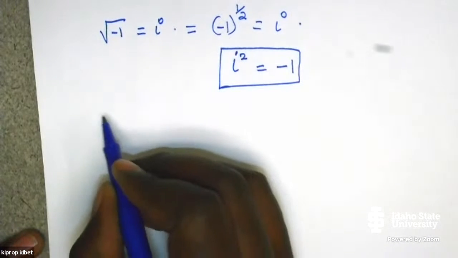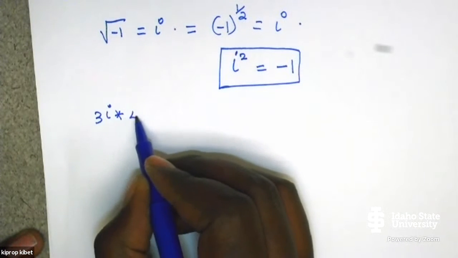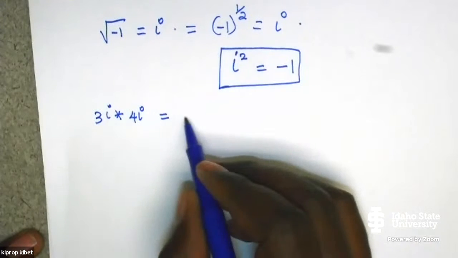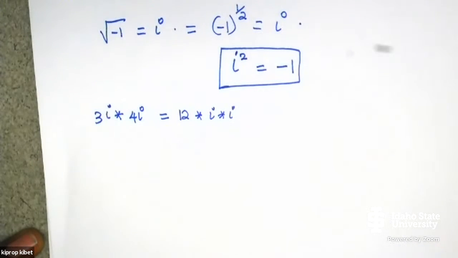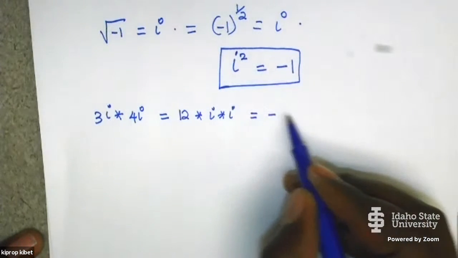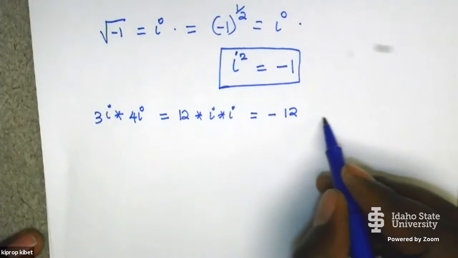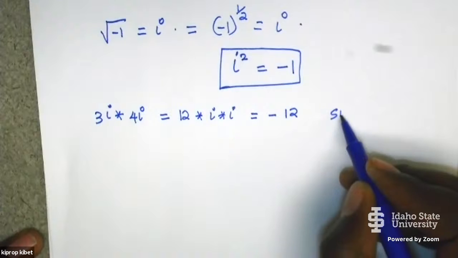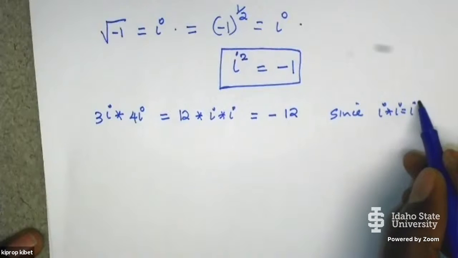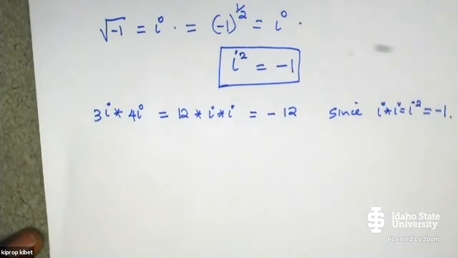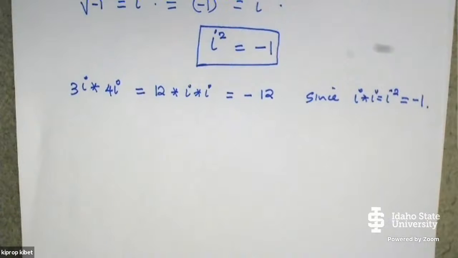Therefore, when you multiply 3i by 4i, it is the same as 12 multiplied by i times i, which equals -1, since i multiplied by i is i squared, which is equal to -1. So when you multiply i by i, you get -1.